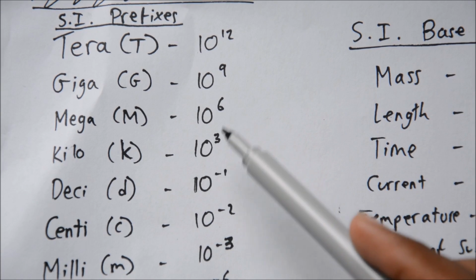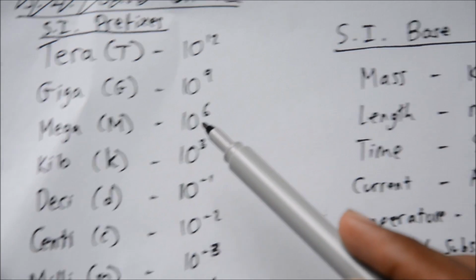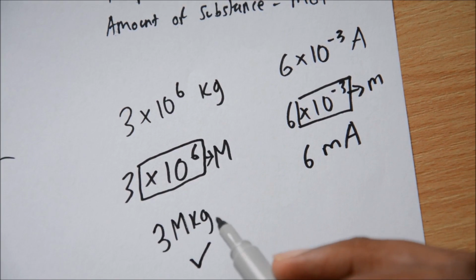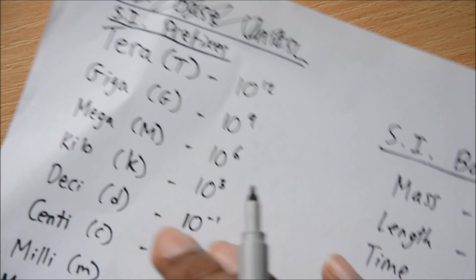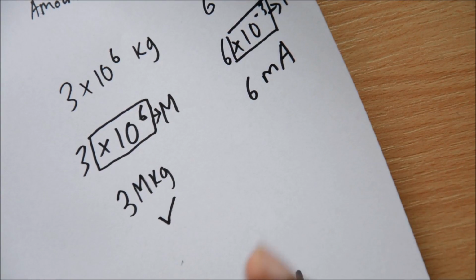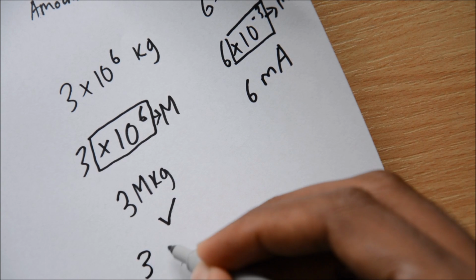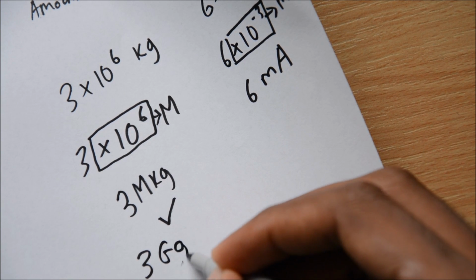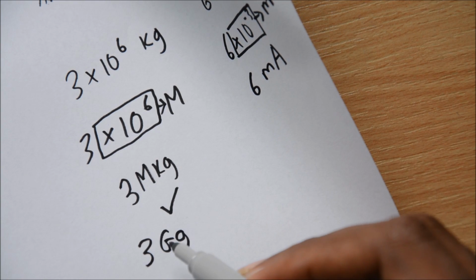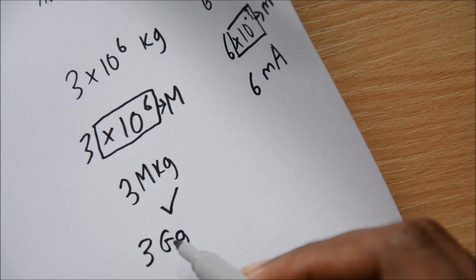You add up the powers, so it becomes 10 to the power of 9. So instead of writing 3 megakilograms, 10 to the power of 9 we know from this table is giga. So instead we can write 3 gigagrams. I know that looks a bit weird, but most of the time you're going to have lots of different units at the end of it.